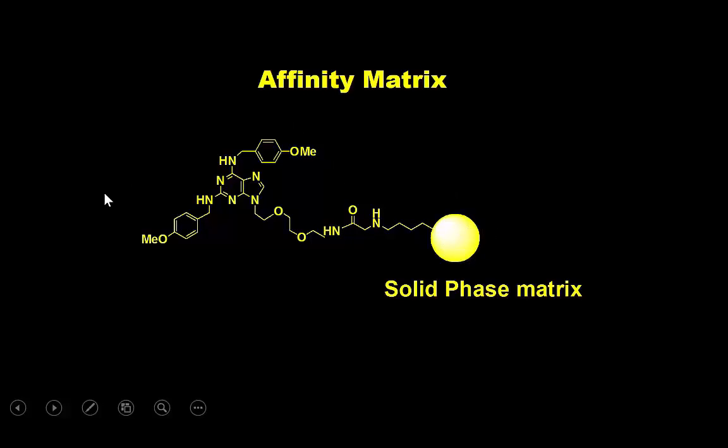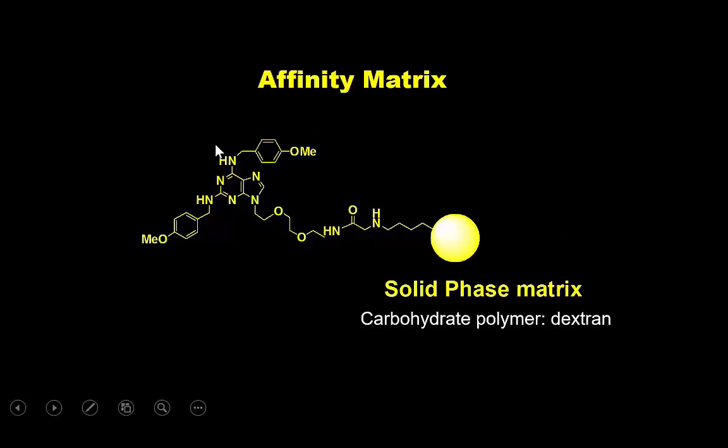Then this whole molecule can be used as your fishing pole. This solid support material is usually hydrophilic polymers, usually made of carbohydrates such as dextran, and the size of this polymer bead is 100 or 200 micrometers, so it's quite big.